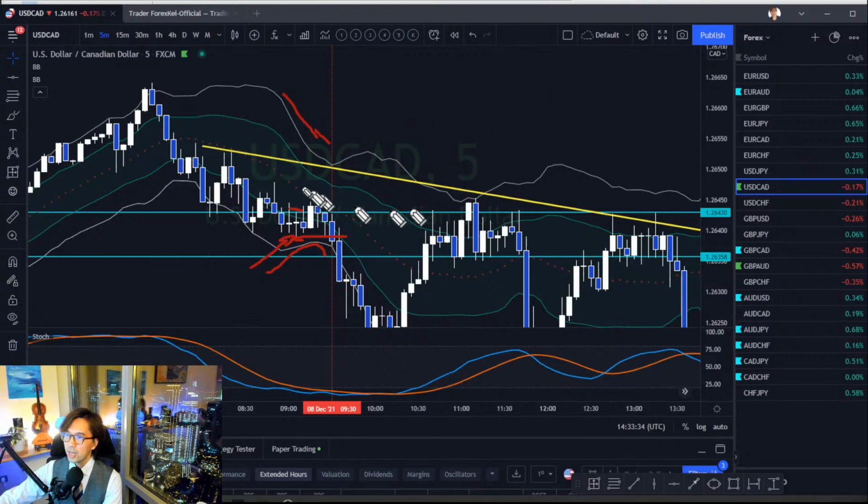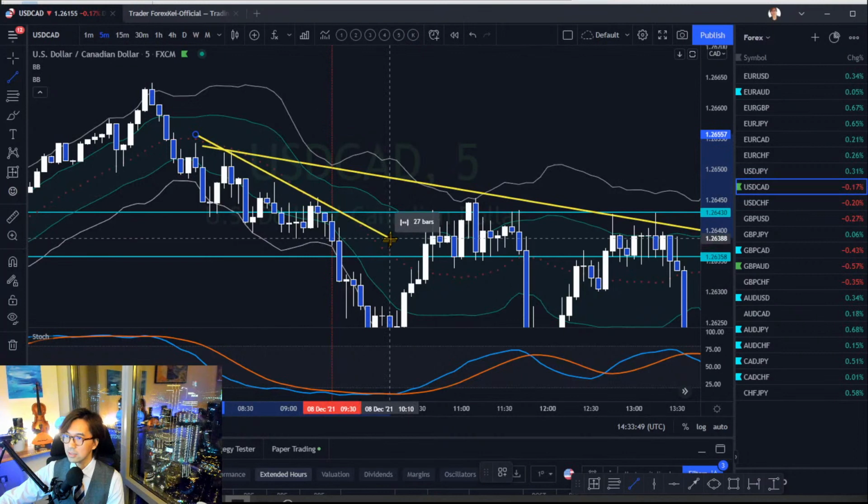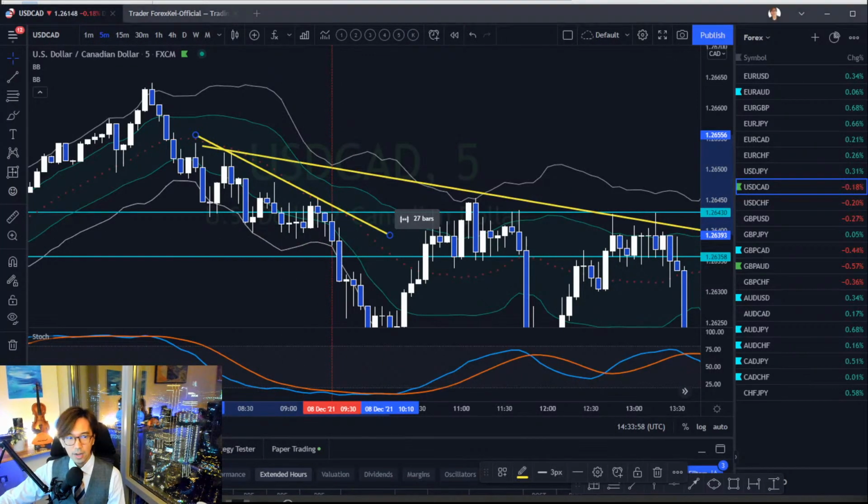Also, trend line bounce. Originally I was drawing the trend line this way, but hold on, let me do this in yellow. I think this is much better. I was seeing this trend line, and the market bounced on it, so that's why I took the sell. This was kind of like a descending triangle, with lower highs, while the lows are not getting much lower, about the same levels, but the lower highs were obvious.